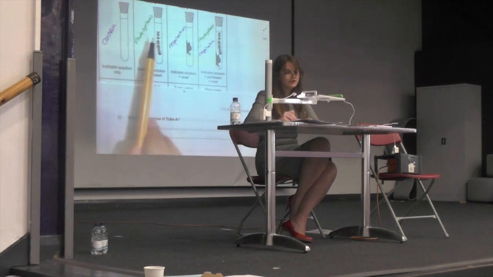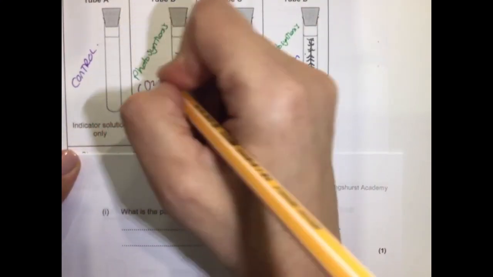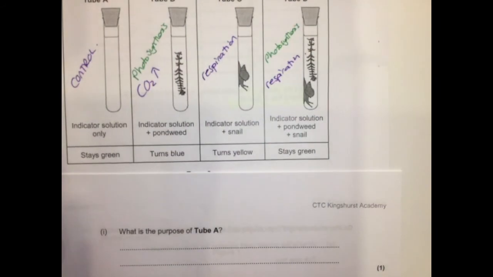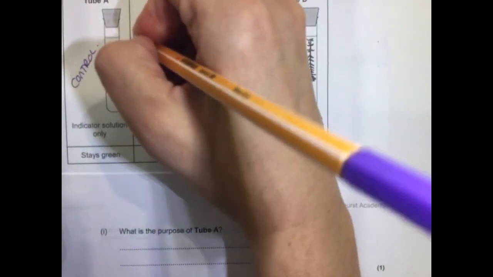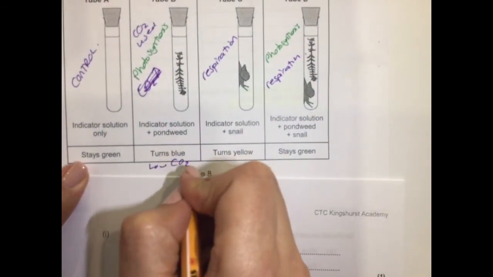What you need to do with this question, I suggest that you take these to your next science lesson, and you need to say, when photosynthesis is occurring, CO2 is used up, so it turns blue, low CO2.